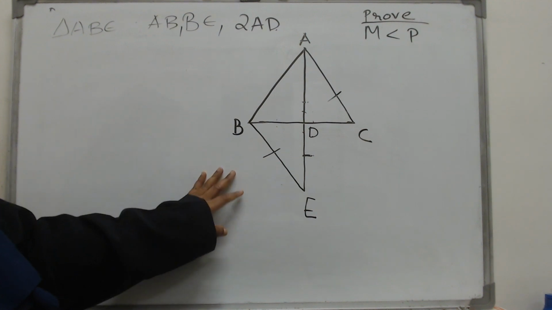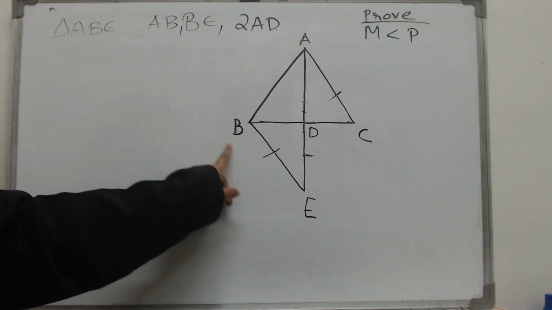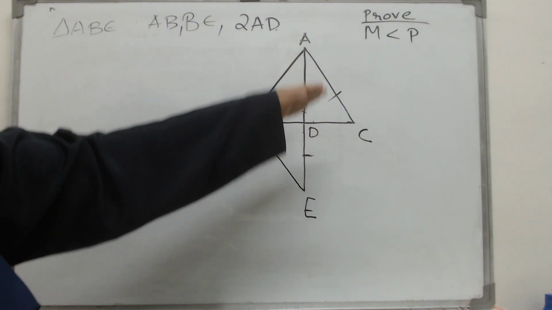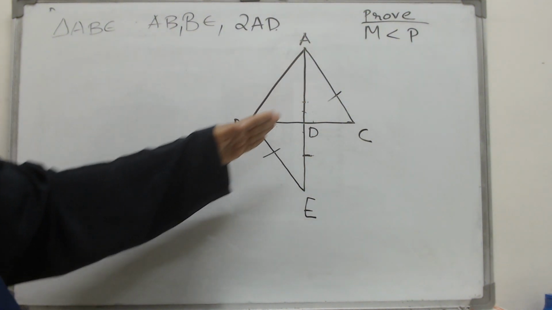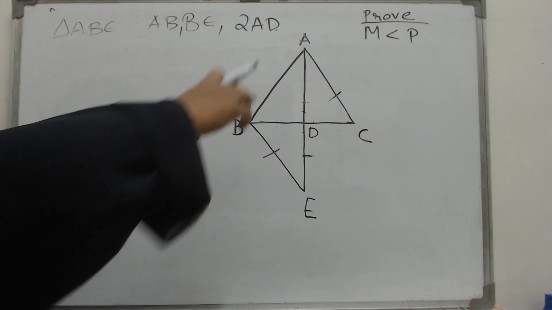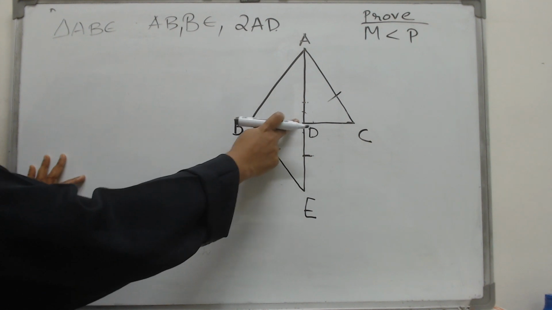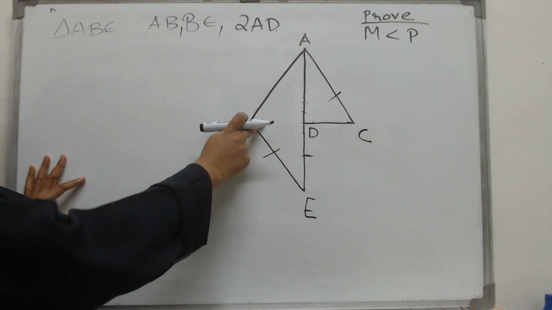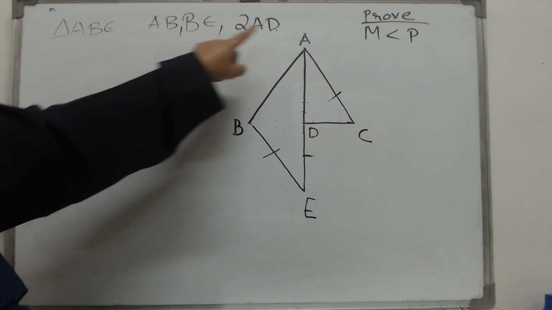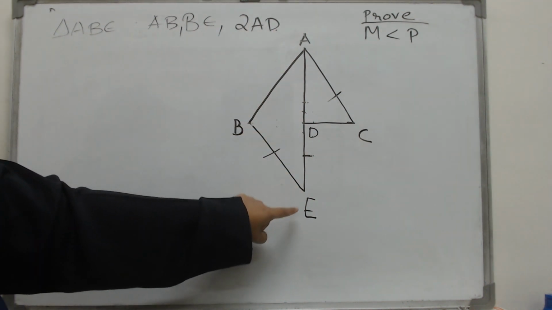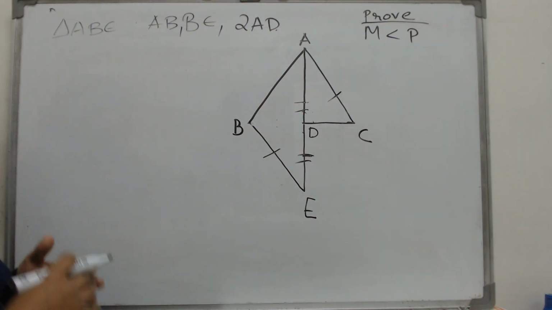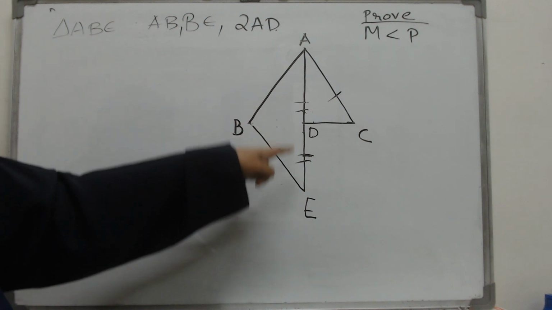Now, this is what all that drama was for. We needed to prove that BE and AC are equal in measure, or in other words, diagonally here we have two equal line segments. And now look at this huge triangle ABE. What are its sides? Its sides are AB, BE. The third side is AE, but I have written it as 2 times AD because that is how we constructed that line DE.